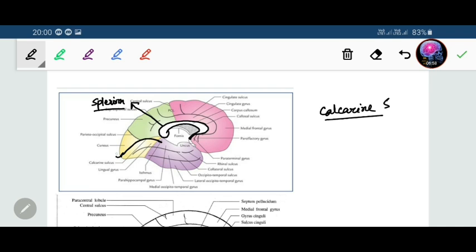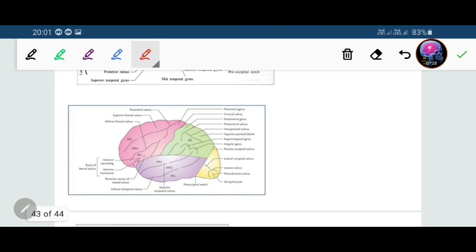So that is the calcarine sulcus. The extension of the calcarine sulcus onto the superolateral surface can be seen if the superolateral surface is seen from the lateral aspect. At the superolateral aspect, the last part of the calcarine sulcus, which winds round the occipital pole, can be seen.